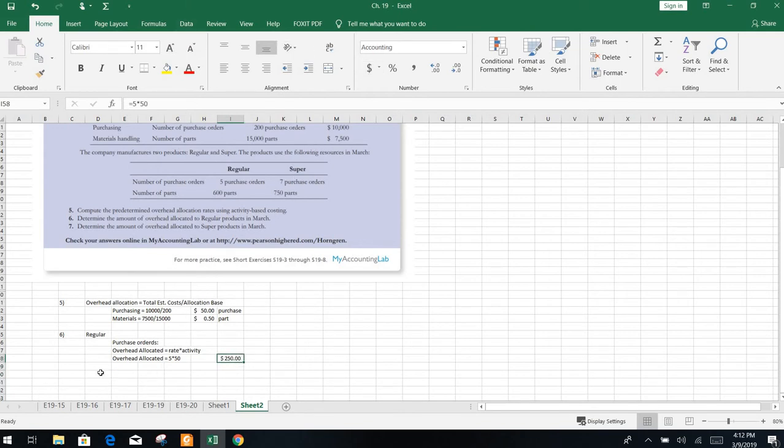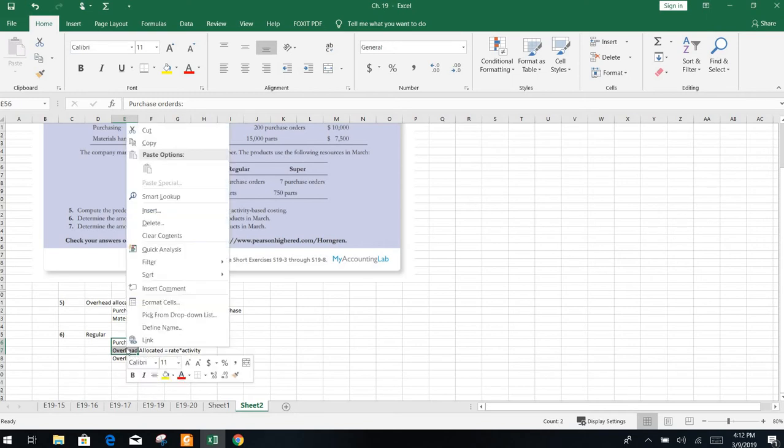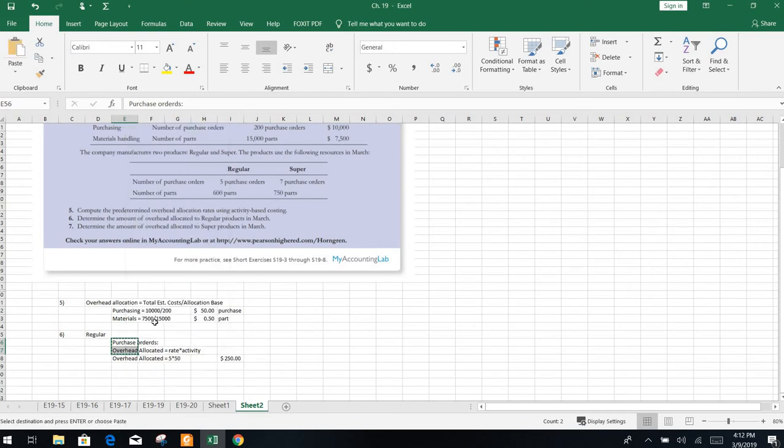Okay, now let's compute the same thing for the number of parts, and I'll just copy paste this down here, change the titles for the parts. Overhead allocated is equal to the rate times the activity.